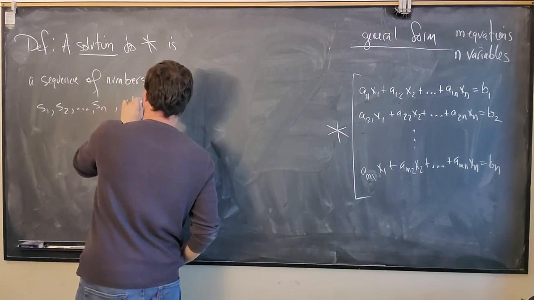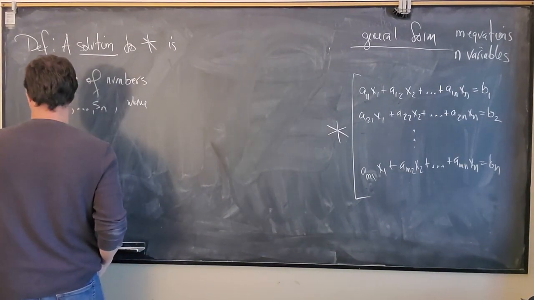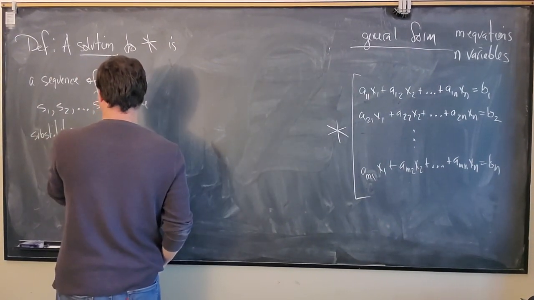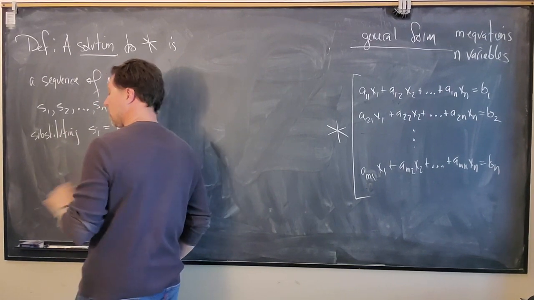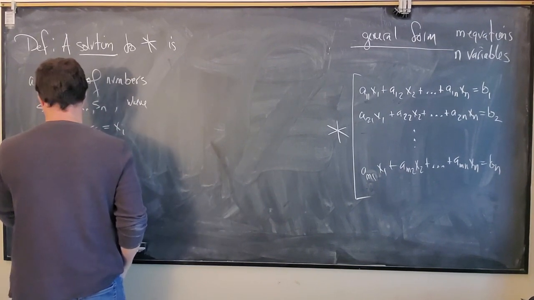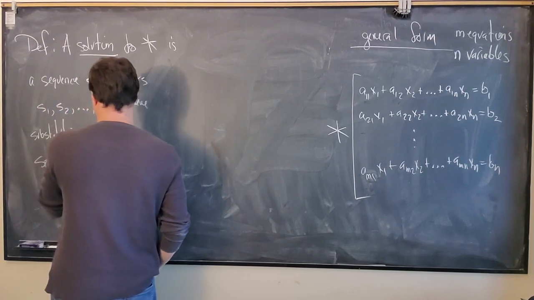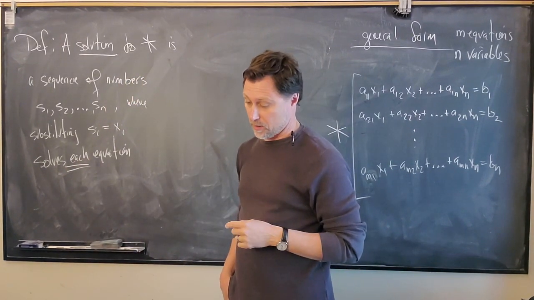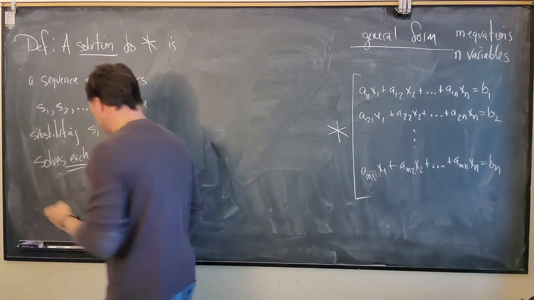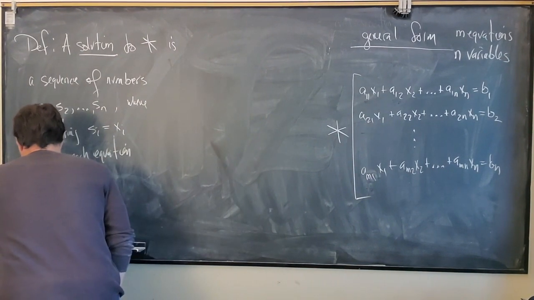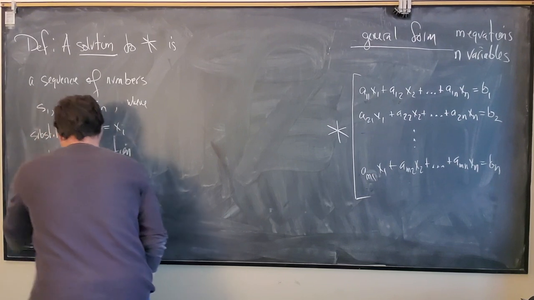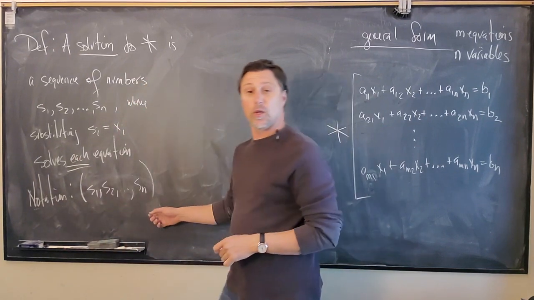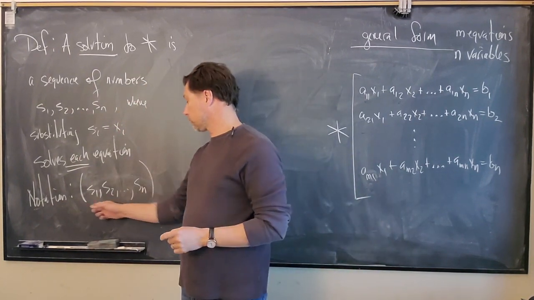Where substituting si equal to xi solves each equation. And it's important, it's got to solve each one of the equations simultaneously. We'll typically write the solution, so the notation for a solution will be s1, s2, dot dot dot, up through sn, enclosed in parentheses. This is called an n-tuple.